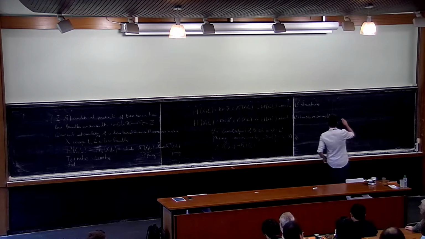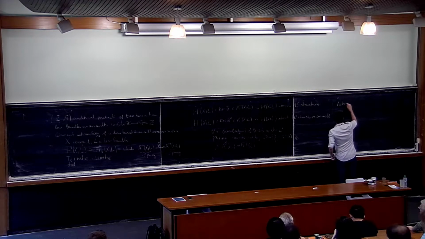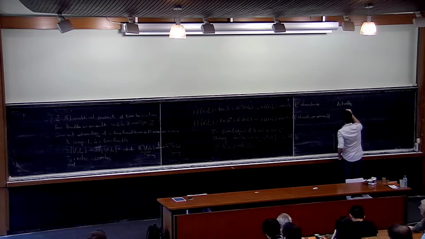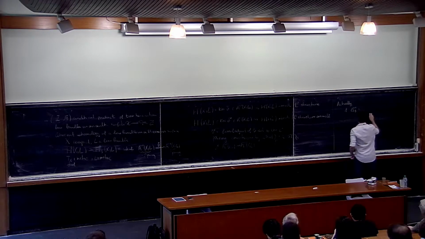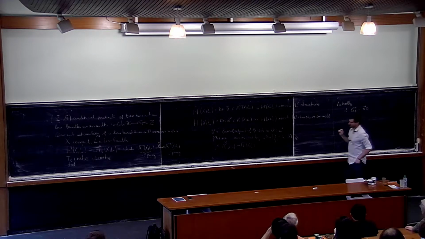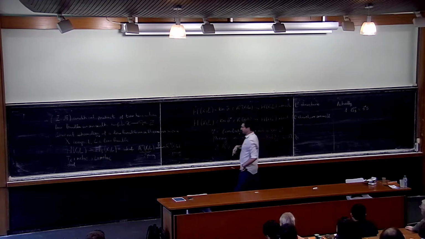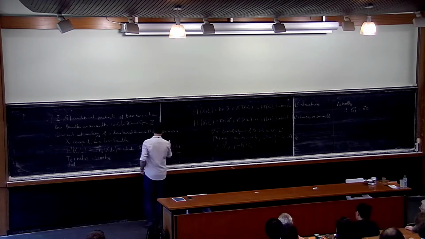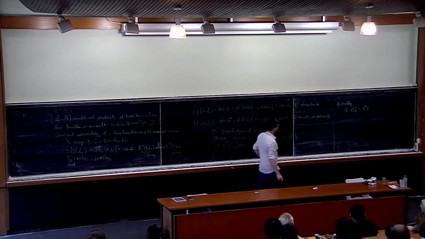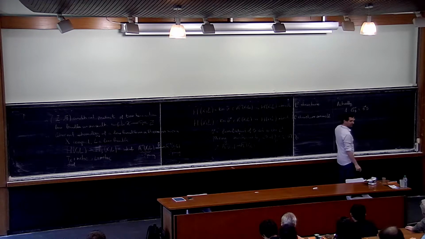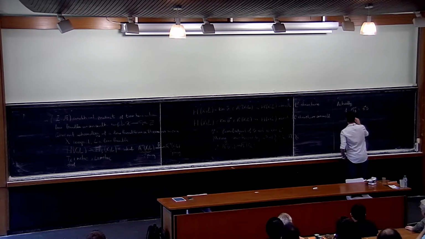So actually, if you define Delta^{0,0} as del bar star del bar, so you apply del bar from A^{0,0} to A^{0,1}, and then you apply del bar star, you get this endomorphism of A^{0,0}, which is, by definition, the Laplacian of (0,0) forms or sections.